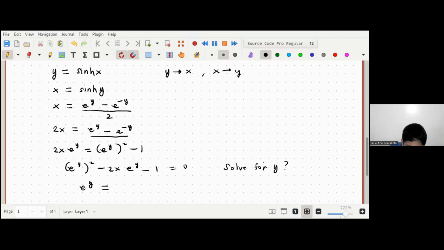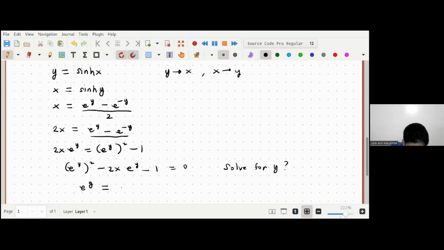Let's say z siya. So, parang quadratic formula po yun. Okay, so therefore, e to the y is? Pwede kang mag-quadratic formula na dito.